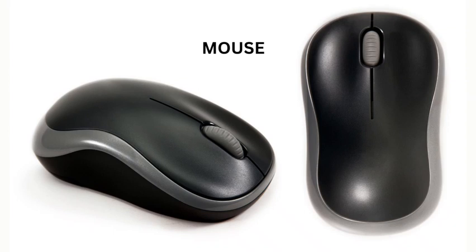Moving forward, let's talk about the mouse. Now, a mouse is used as a pointing and drawing device. This mouse usually has a ball and buttons and is connected to the system unit through serial ports. A mouse is rolled across the flat desktop in any direction.